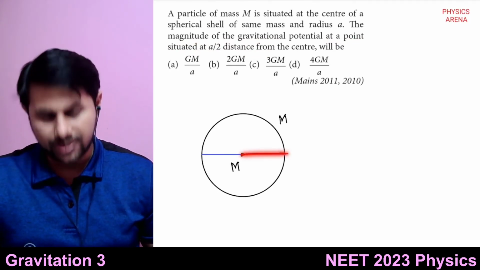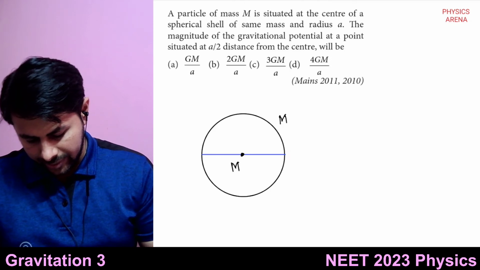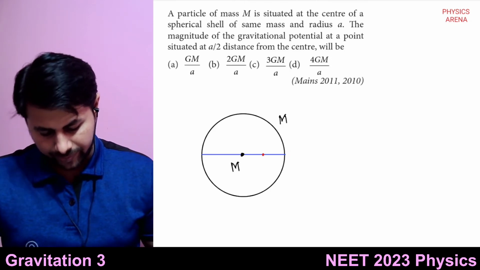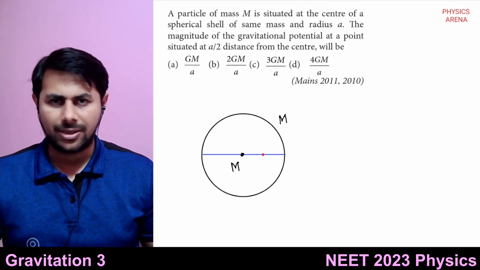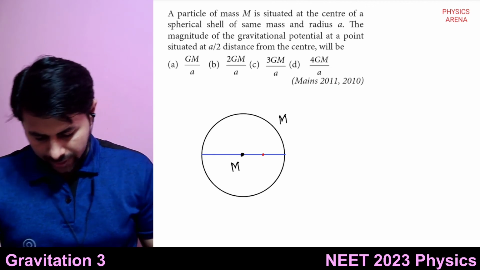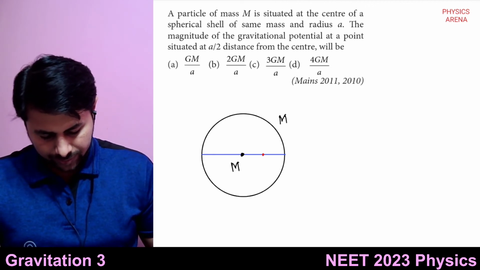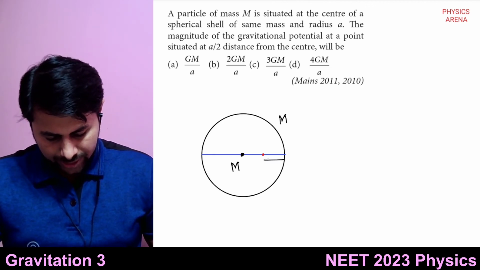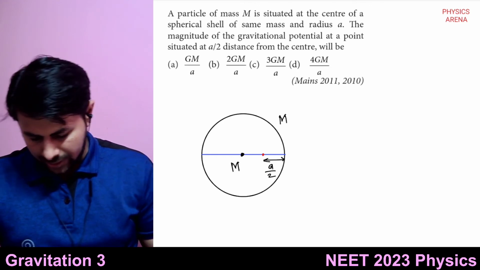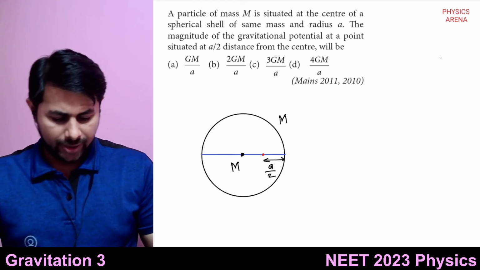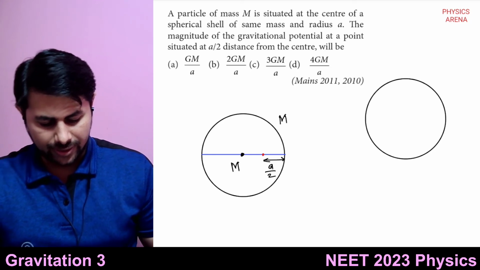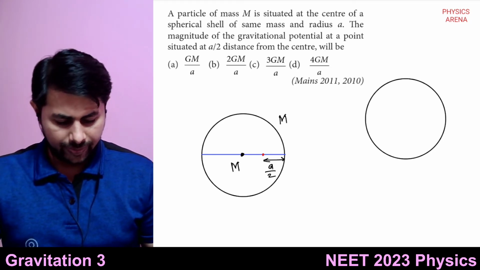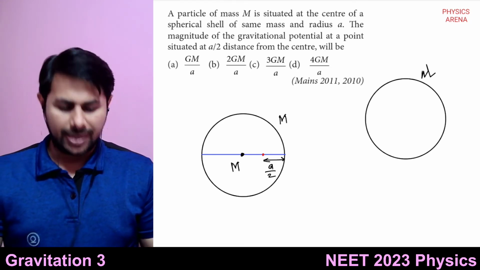Okay, and now the question is the magnitude of gravitational potential at a point situated at a by 2 distance from the center. So this much distance is a. You want to find the potential here, at distance a by 2, right? So this much distance is a by 2. Now see, if I take a spherical shell, then its mass can be anything.